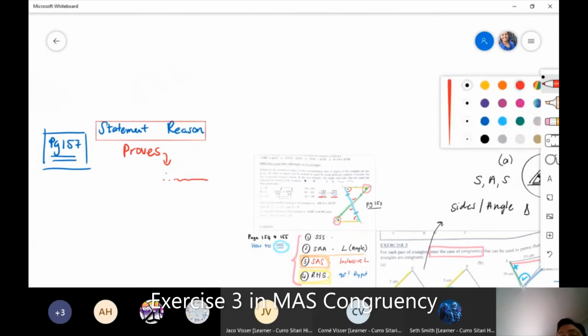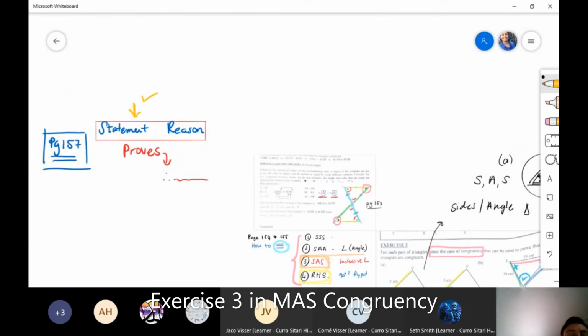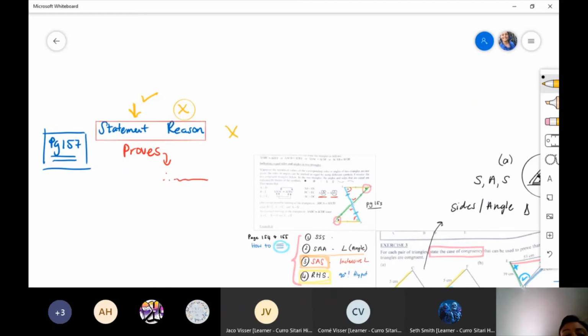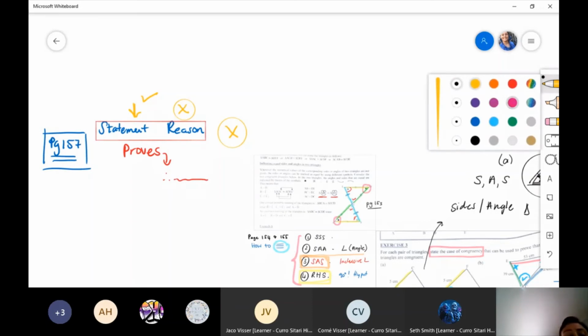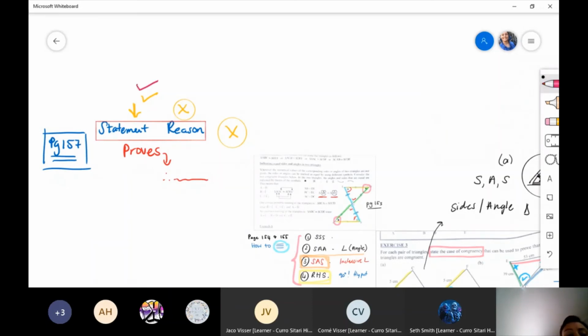If this statement is correct, but the reason that validates the statement is not correct, then the whole finding is incorrect. You have to make the correct statement with the correct reason to have your validation correct, okay?